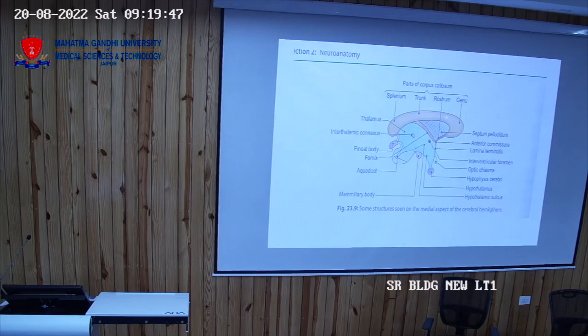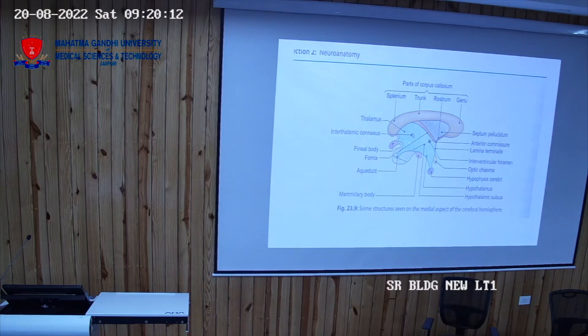And this is called the rostrum of the corpus callosum. The anterior commissure is continued downward here with this yellow colored structure, that is the optic chiasma, and this is named as lamina terminalis. Downward you can see here the rounded structure, that is the pituitary gland.